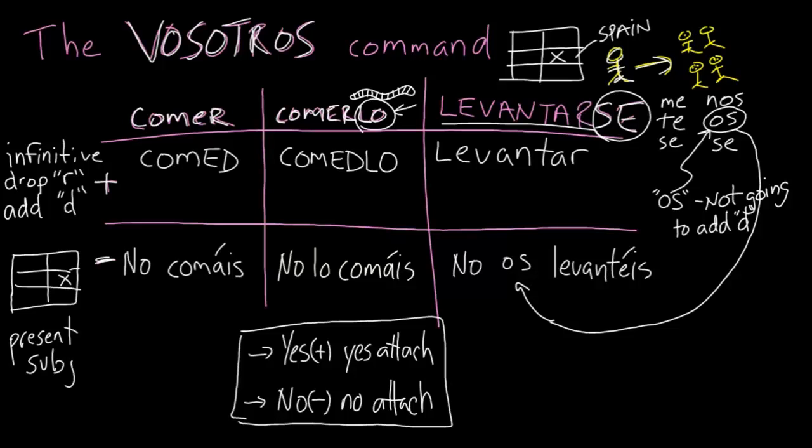We start with our infinitive. We drop our R, and in this situation we are not going to add the D, and we add os. That's all there is to it.